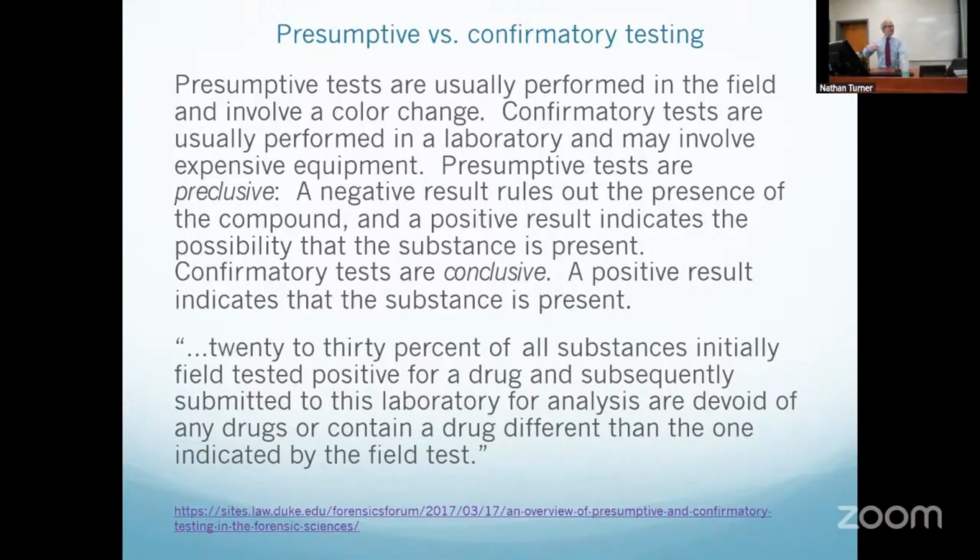But the confirmatory test is necessary to show that, in fact, the substance truly is present. So having 2 layers of testing, 2 stages of testing, is necessary for many kinds of forensic tests and also many kinds of clinical tests.